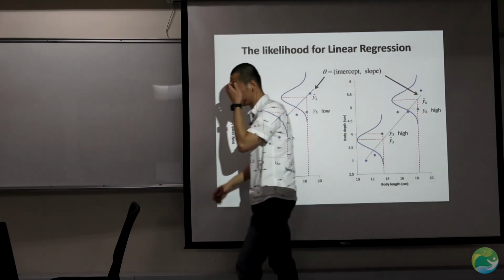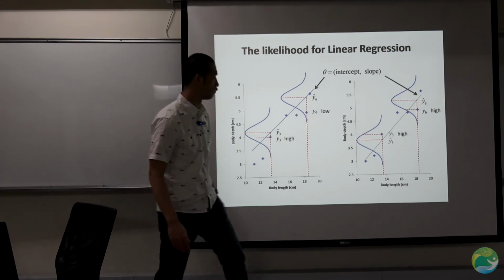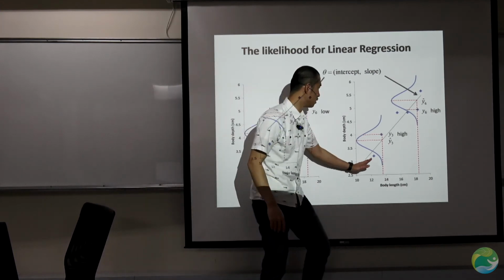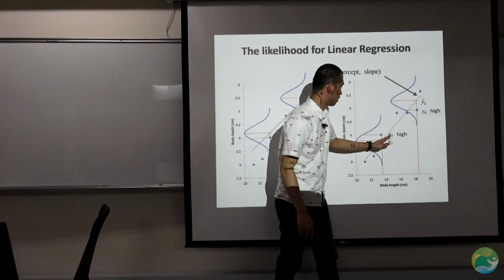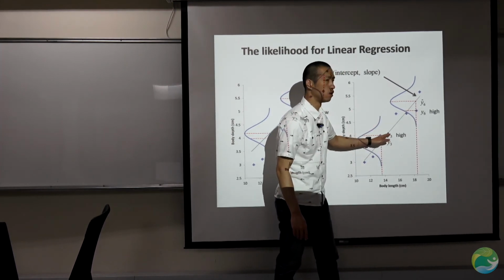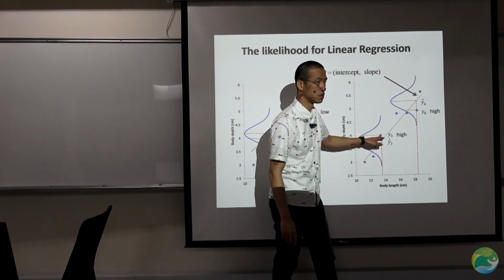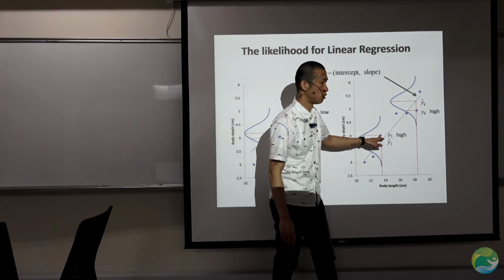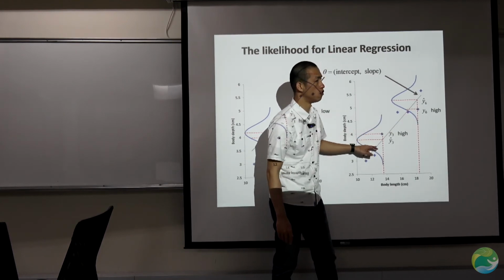The maximum likelihood estimation is we want to solve this curve. We want to solve this line. Given the maximum likelihood estimation, the total likelihood, which is the summation of the log likelihood of each data point, will be maximized.